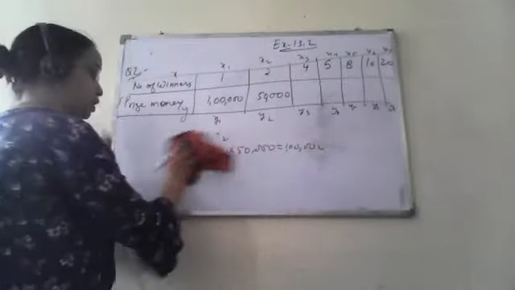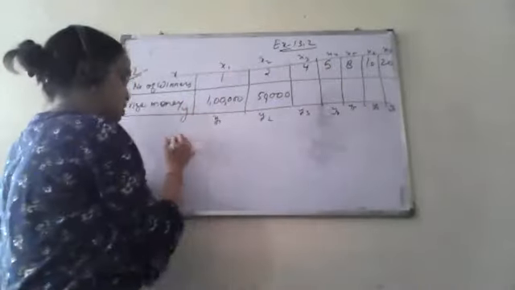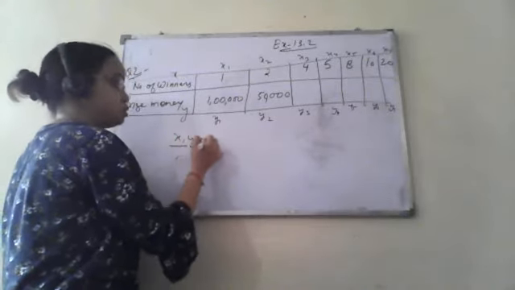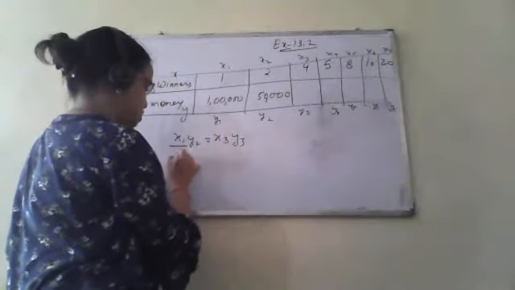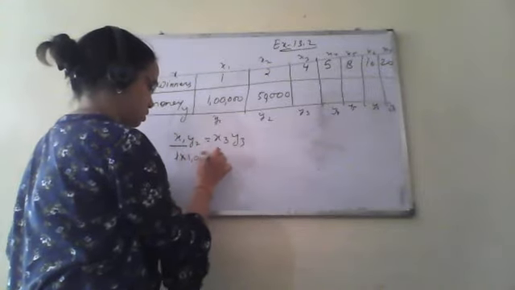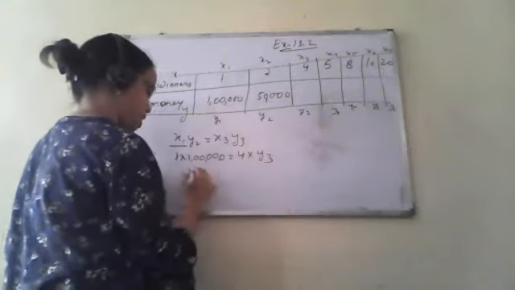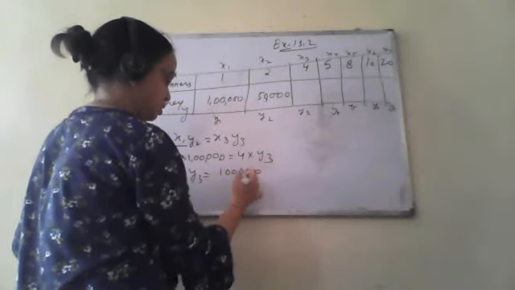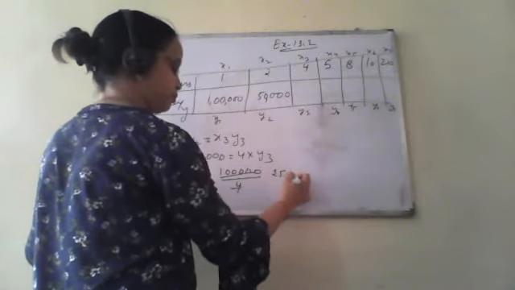Now we have to calculate the prize money to be received by each winner when the number of winners is 4. So x1 y1 equals x3 y3. So this is 1 into 1 lakh equals 4 into y3, and this y3 will be equal to 1 lakh upon 4. It comes out to be 25,000.